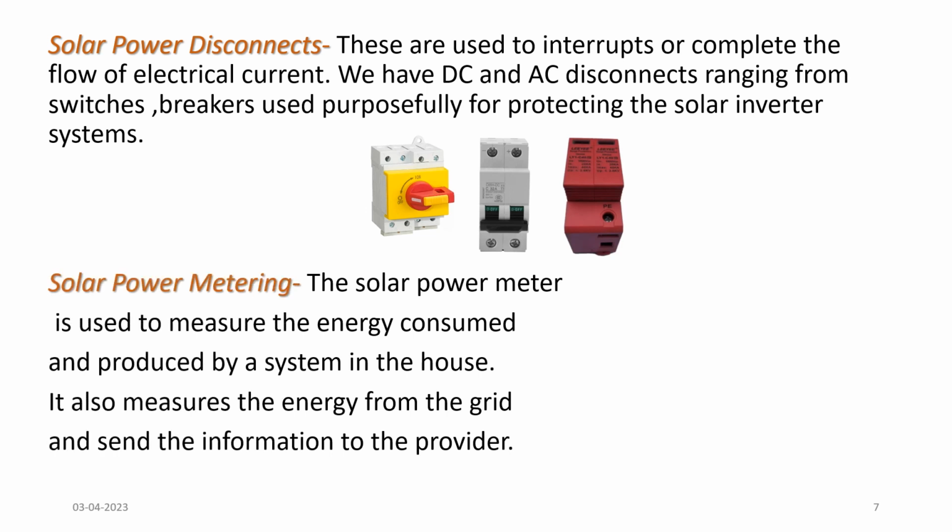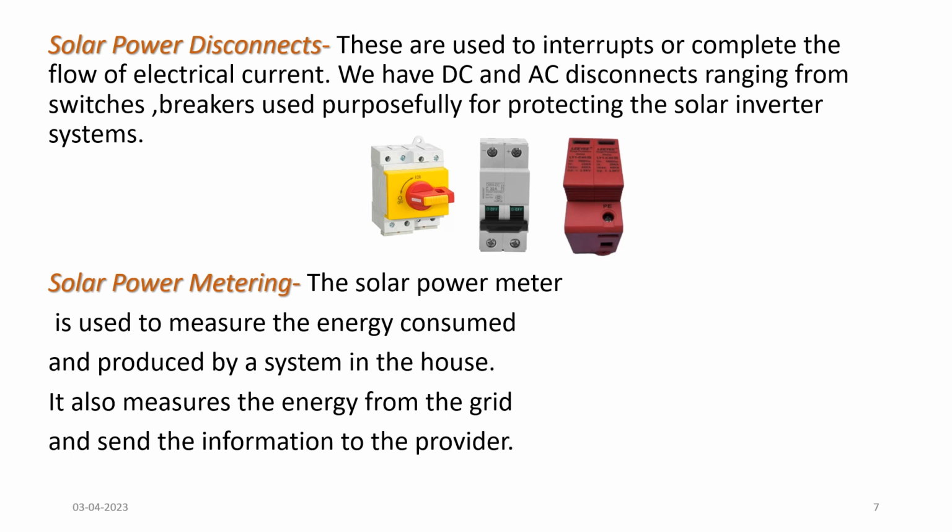And the solar power metering. The solar power meter is used to measure the energy consumed and produced by a system in the house. So it records the total energy you consume or produce, and there are some we regard as prosumers. You understand, they produce and they consume. Maybe you have a PV array on your roof, you produce, then maybe you even sell to the government, sell to the national grid.